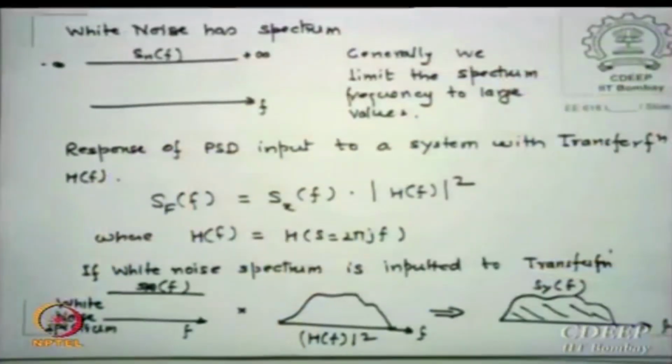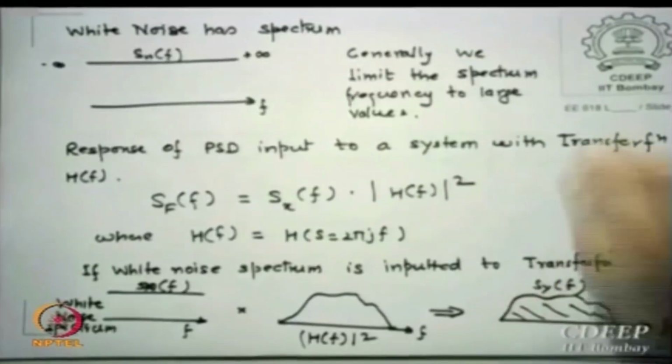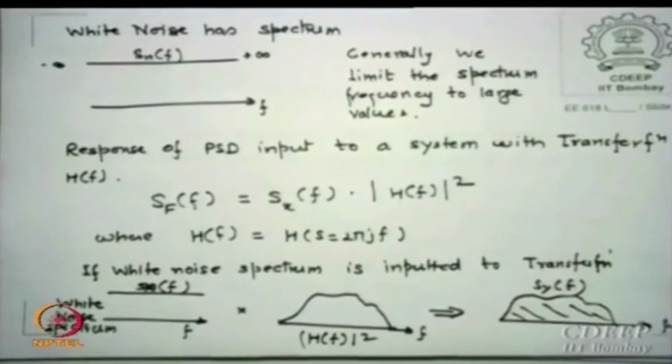A white noise has a spectral density which is constant from minus infinity to plus infinity. That is why it is called white noise. Of course, in a normal spectrum that minus infinity and plus infinity will have some larger bounds, so f1 to f2 is constant. Though in definition it is minus infinity to plus infinity frequencies, the spectral value is constant.